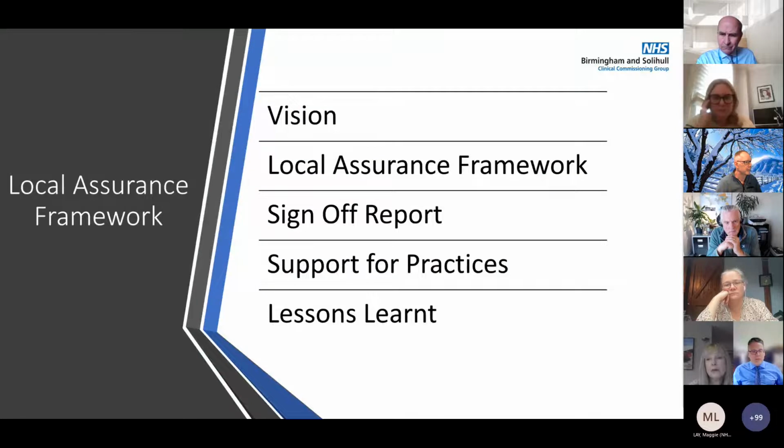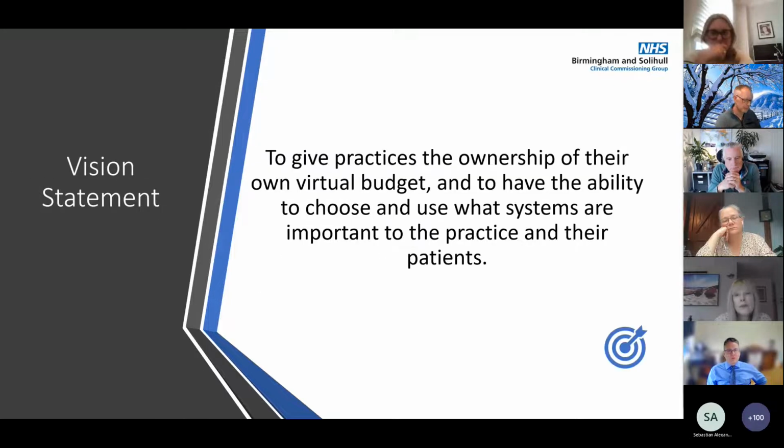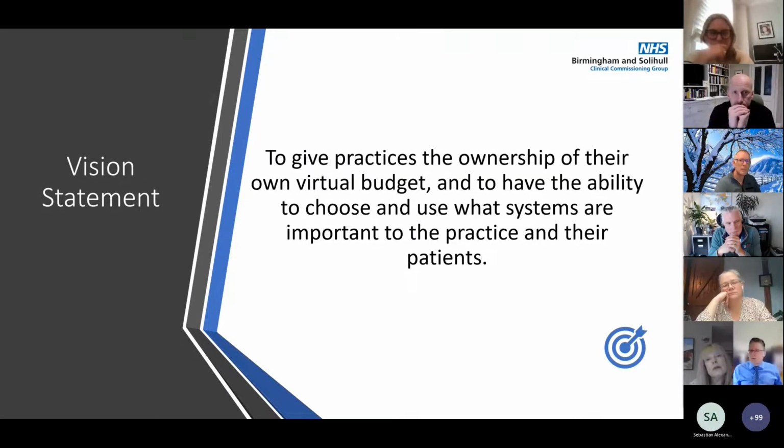Briefly, what I'm hoping to cover is where this came from for us in terms of our local assurance framework, a little bit about how it works, and then also some lessons learned, and hopefully you'll find that useful. So this all started with our vision statement, which has absolutely nothing to do with clinical safety or assurance.